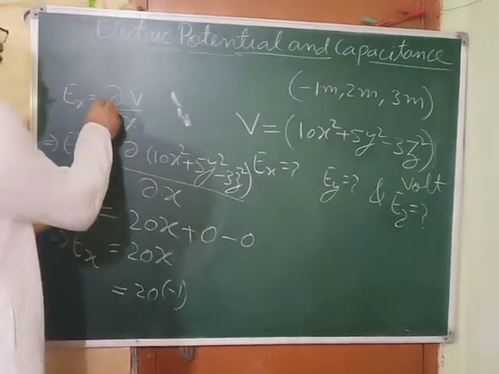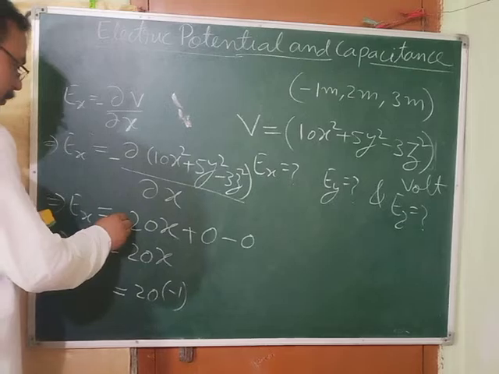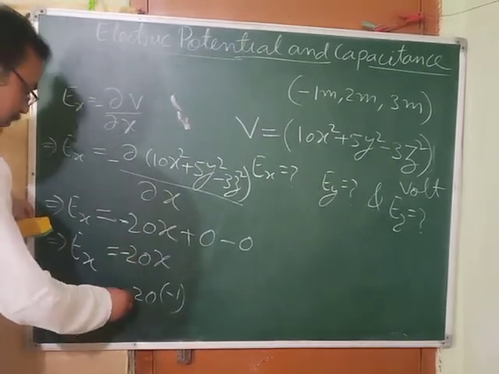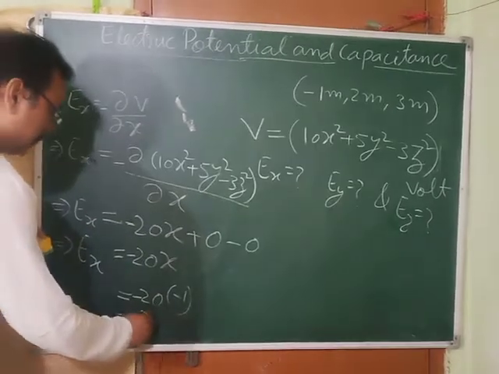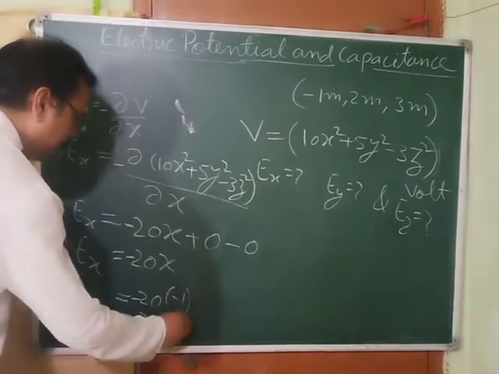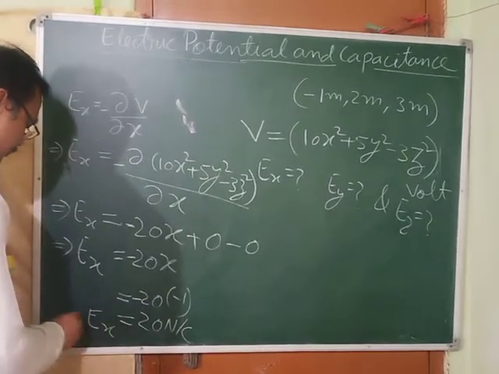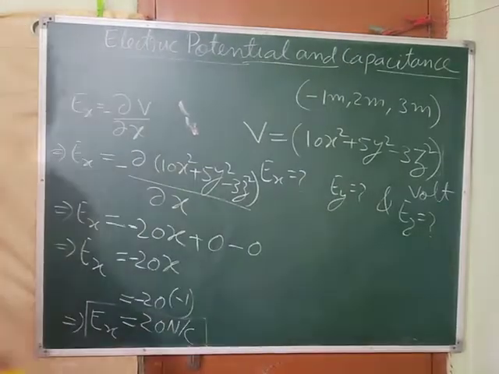Obviously, because here a minus should be there. So we'll get minus over here, we'll get minus over here, and we'll get minus over here. Now minus 20 into minus 1 is how much? Plus 20. So 20 Newton per Coulomb. That is our electric field intensity along the x-axis. Okay. That is our first part of the answer.